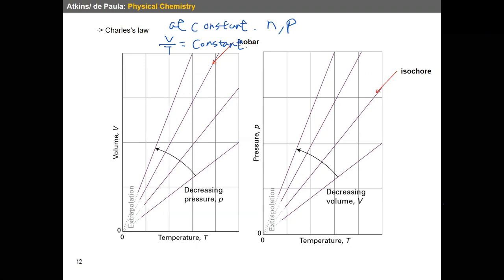That's why the relation between volume and temperature at a certain pressure has a linear relationship depending on the temperature.